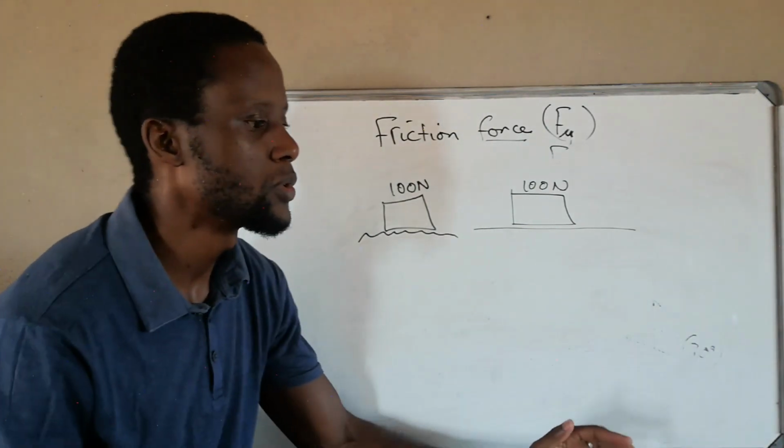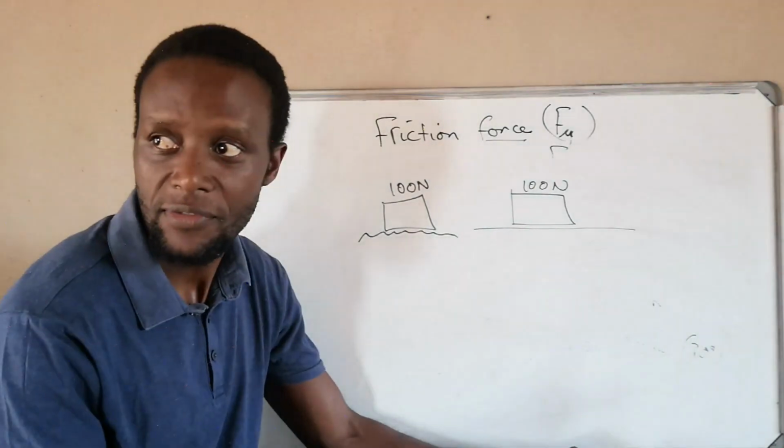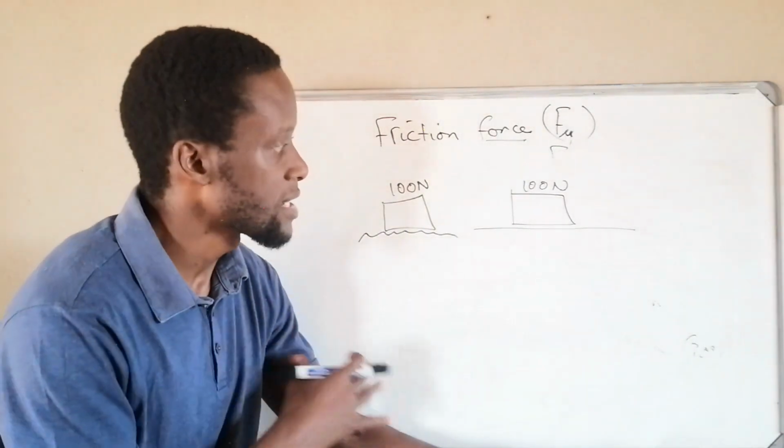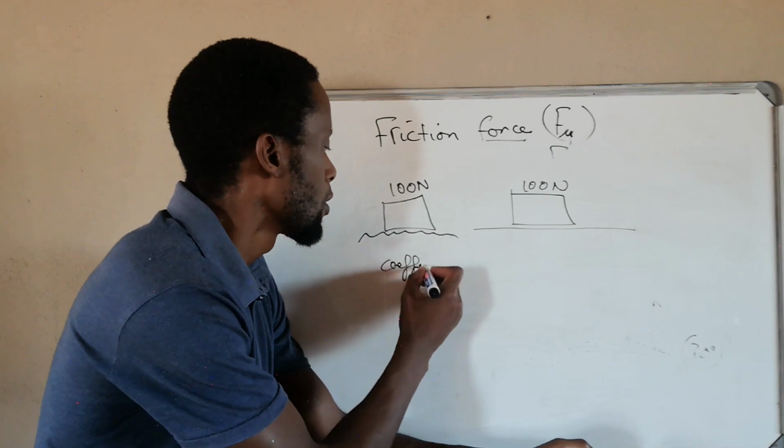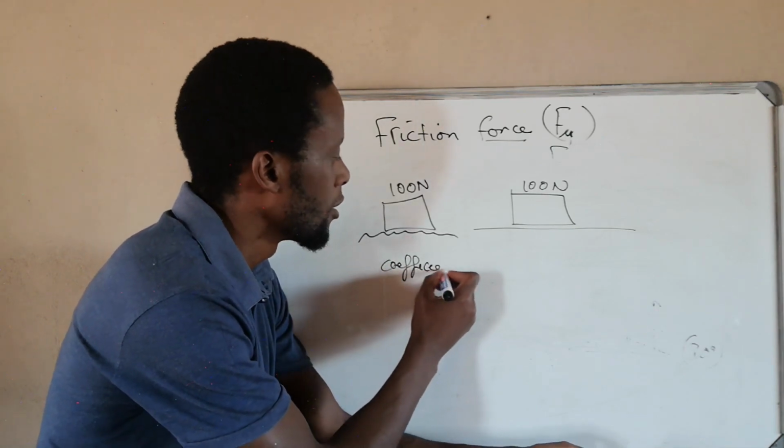So when we come to the issue of how smooth or how rough the surface is, we'll be looking at what is known as the coefficient of friction of the surface.